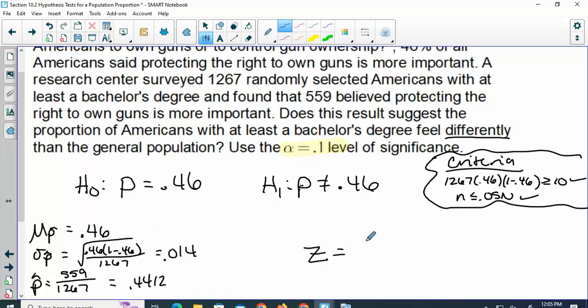So z is our value, so the p hat minus the mean, 0.46, divided by the standard deviation. So we get negative 1.34.